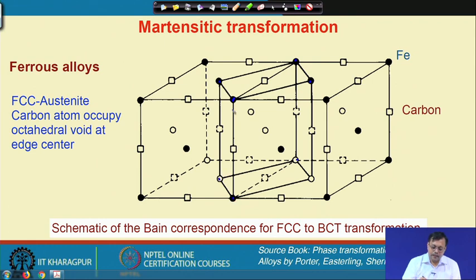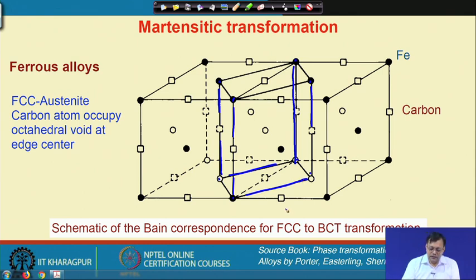And then I can join them. So, I get actually another new lattice by joining 2 FCC lattices of the same structure and same configuration.